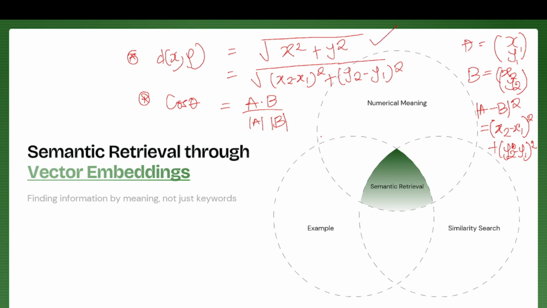So this is how to compute similarity search or semantic search. And this x1 and x2 are the numerical values assigned to a particular piece of information, keyword, or sentence in the vector database. The most accurate one is normally considered to be this cosine distance.